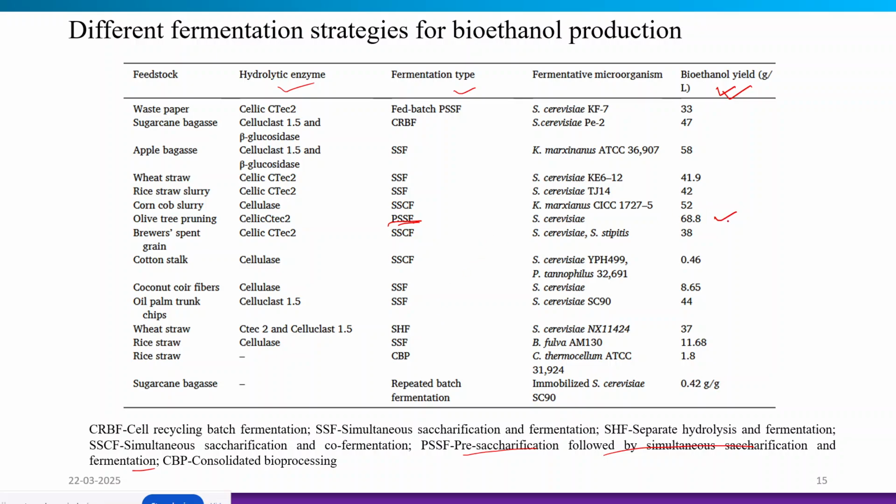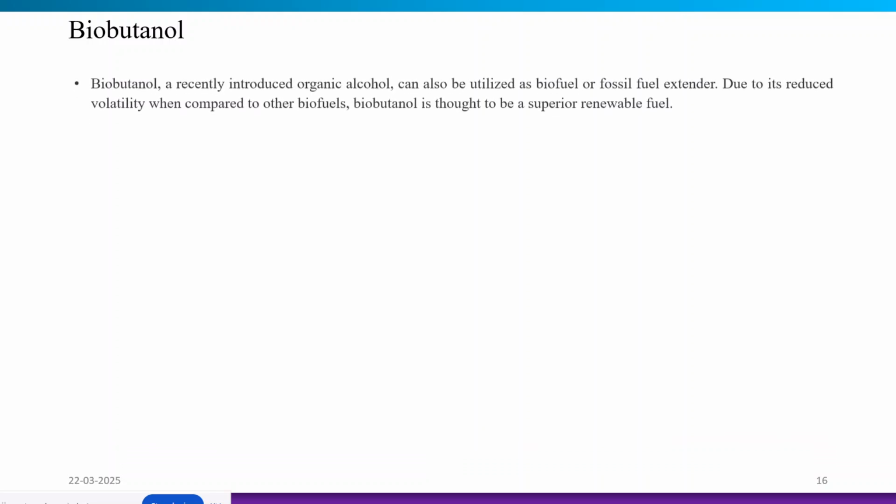This gave a higher yield of bioethanol, where they used olive tree as the feedstock. So it depends on which hydrolytic enzyme you are using. Also, depending on the fermentation process, the overall bioethanol yield will fluctuate. So you have to choose the fermentation process in a judicious way for getting the maximum bioethanol yield.